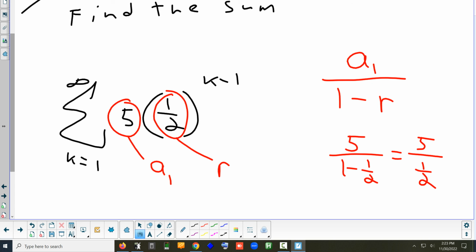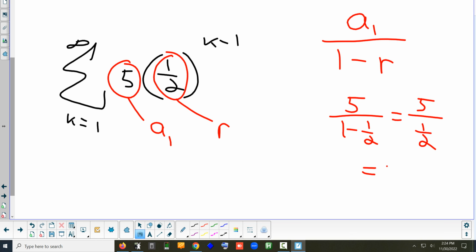It's 5 over 1/2. So you're trying to think about how many times 0.5 goes into 5. Yeah? 10. Yep, 10 times. So if you were to add up every number in this sequence, as far as you could go, what would it get very close to?